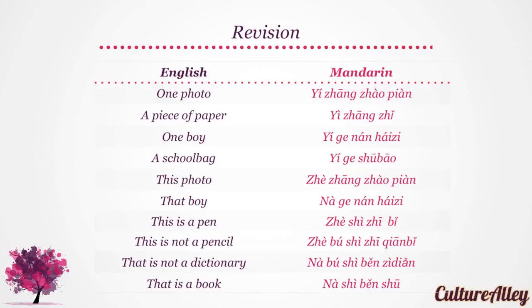This photo will become 这张照片, whereas that boy translates to 那个男孩子. Similarly, this is a pen becomes 这是支笔, and this is not a pencil becomes 这不是支铅笔.